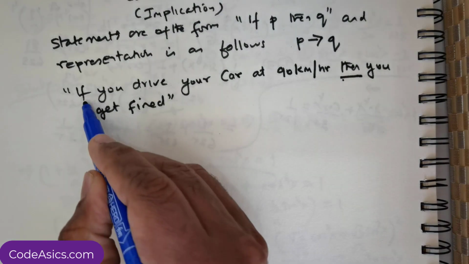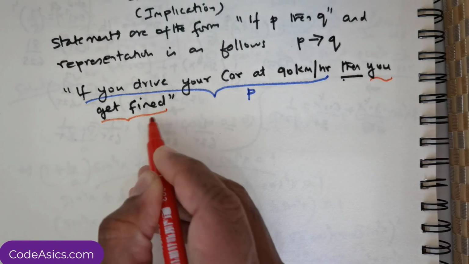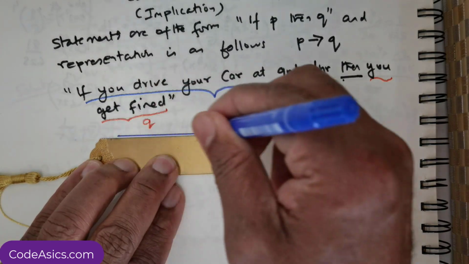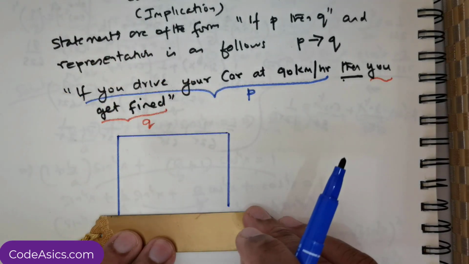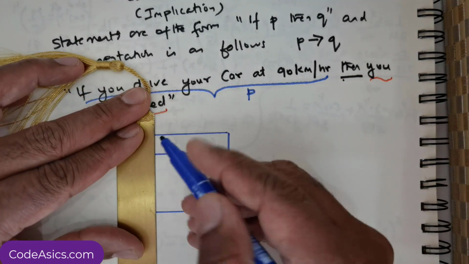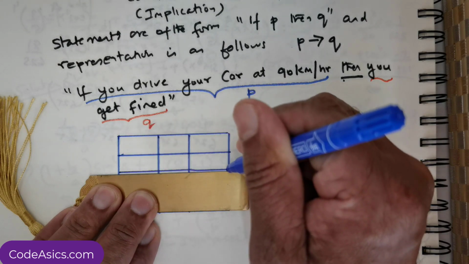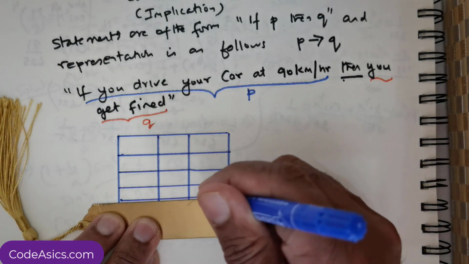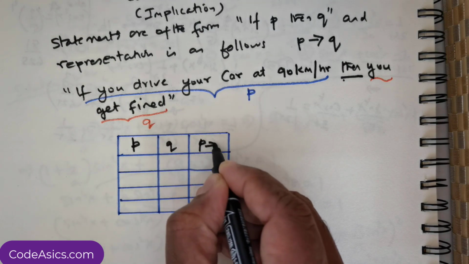So this is my P and this is my Q. Let us draw the truth table and see how it works. So it's P, this is Q, P implies Q.